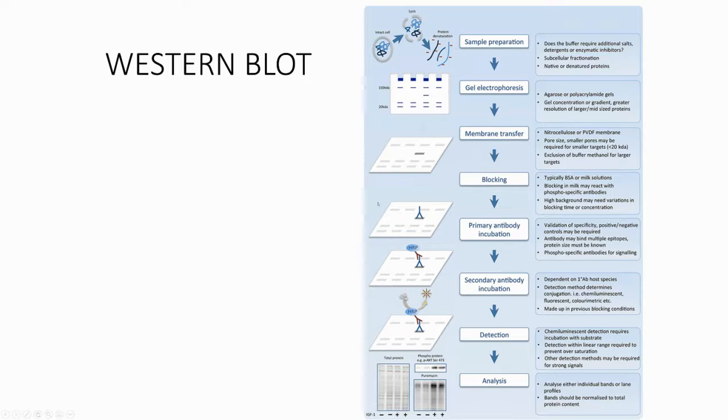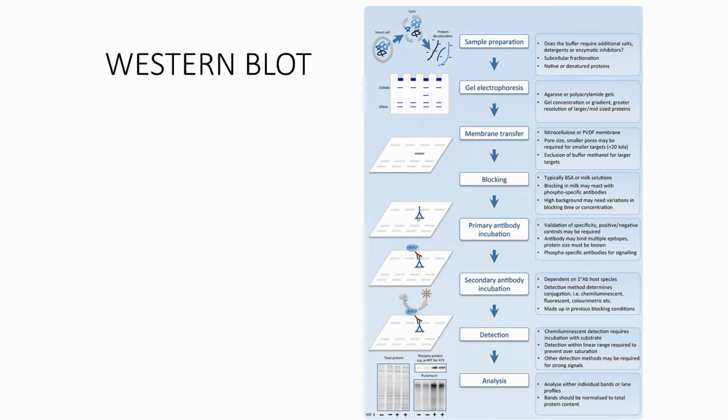That's why you treat the membrane with the BSA or milk solution. And then after you block the membrane, you have a primary antibody incubation. So the idea is similar to the probe to find its target. The primary antibody depends on the specific protein that you want to identify. And then you let the antibody find the target and bind it.